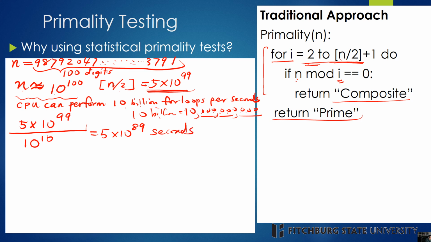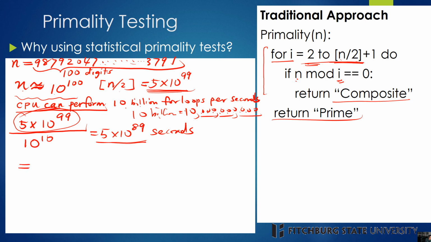So with the CPU we have, which can perform 10 million for loops per second, to finish that many loops, I need 5 times 10 to the 89 seconds. Now let's convert this into years, okay? So convert 5 times 10 to the 89 seconds into years.